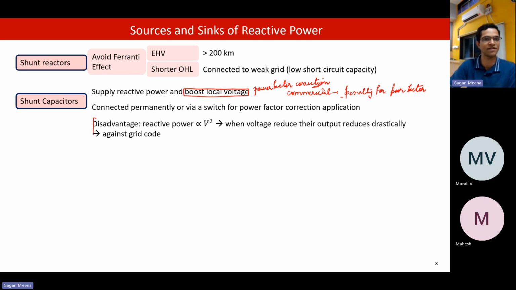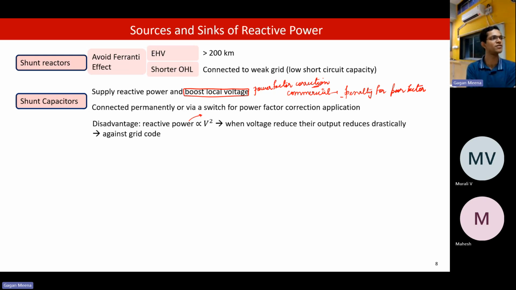Here the disadvantage is that the reactive power supplied is proportional to the voltage square. When the voltage reduces, the Q which is supplied also reduces drastically.